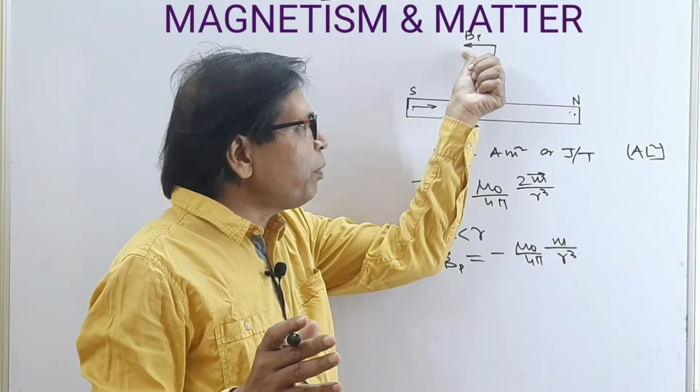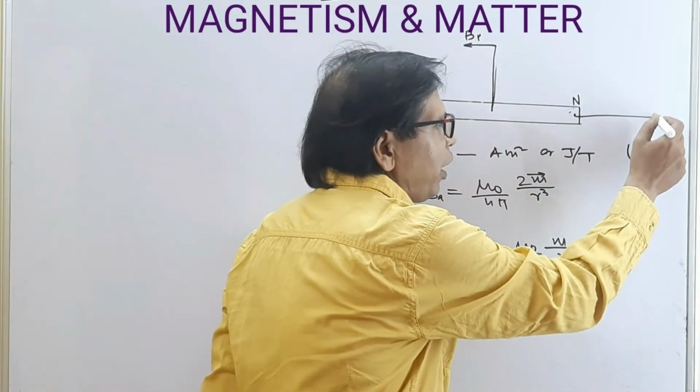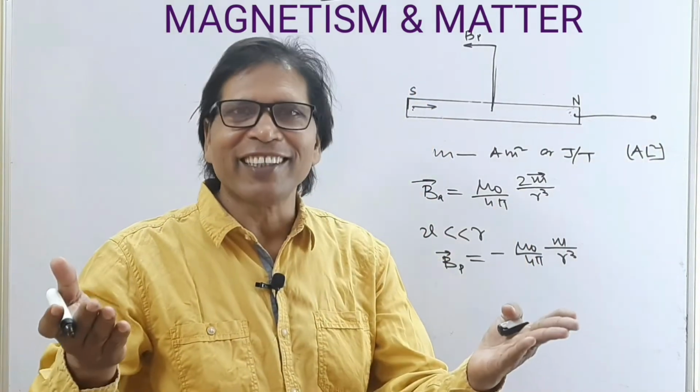Therefore, the magnetic field at the perpendicular bisector position is half of the magnetic field at its axis.